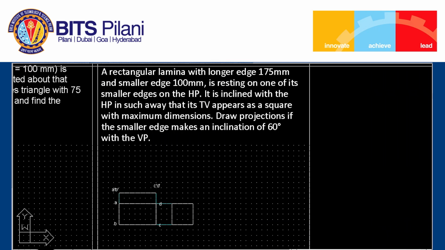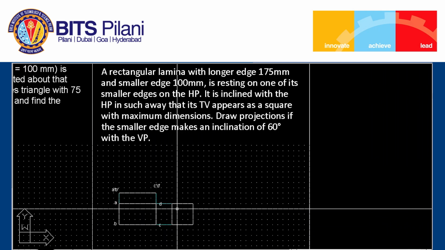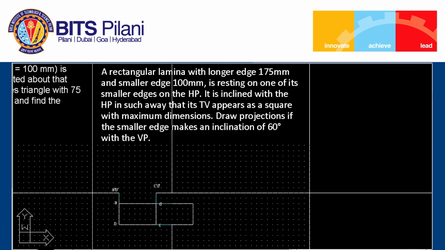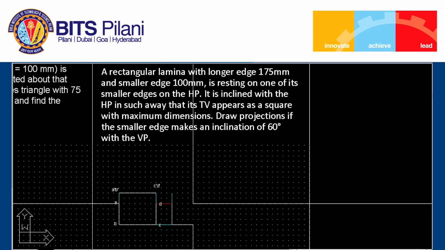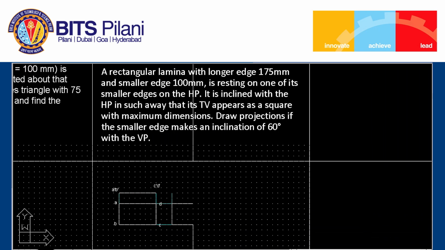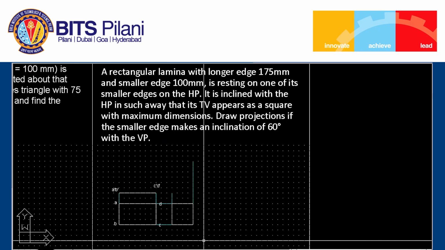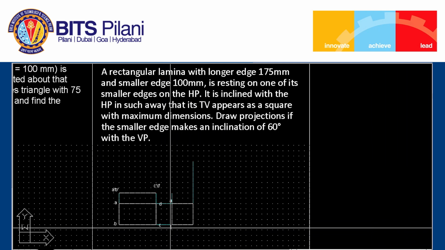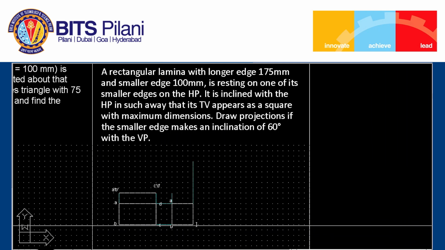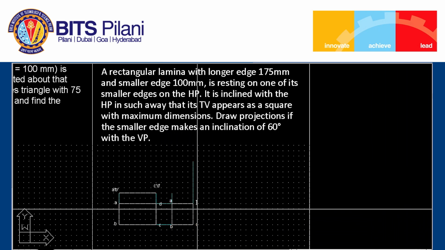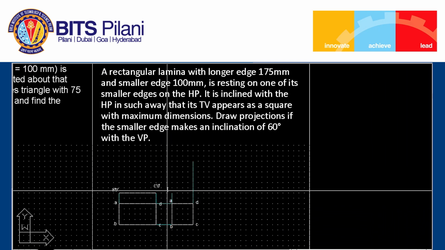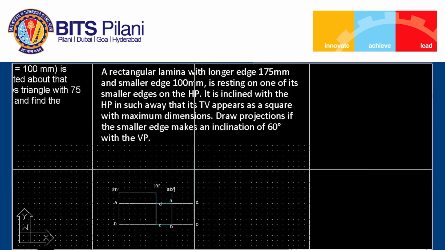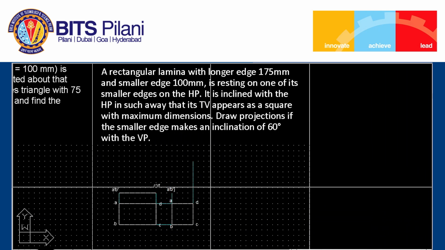I can get here the surface inclination. How to obtain the surface inclination? I have to obtain the points A prime, B prime and C prime, D prime on this particular locus. So, this point is A, this is B, we have point C, point D. A prime, B prime, C prime, D prime will be somewhere on the projector passing through CD.